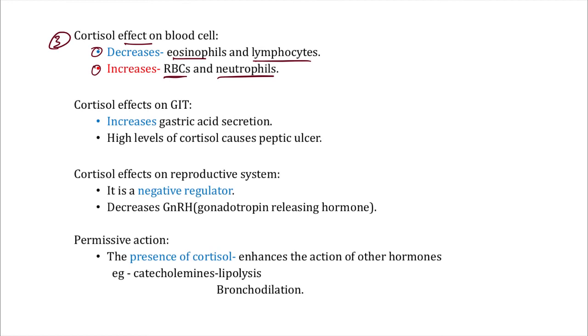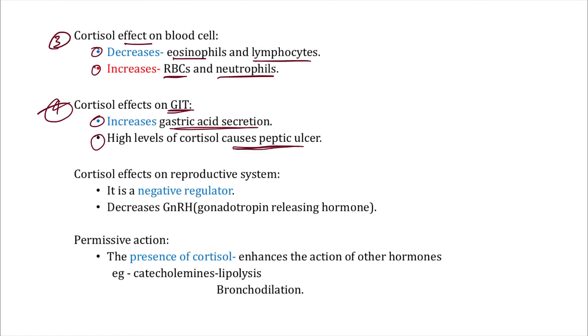Now, very important. The fourth function of cortisol is the effect of cortisol on the GIT, or gastrointestinal system. Cortisol increases gastric acid secretions. That's why high levels of cortisol cause peptic ulcer. Very important.